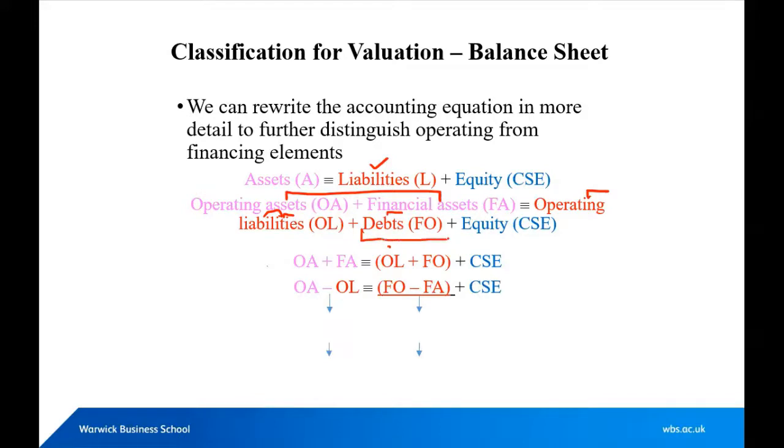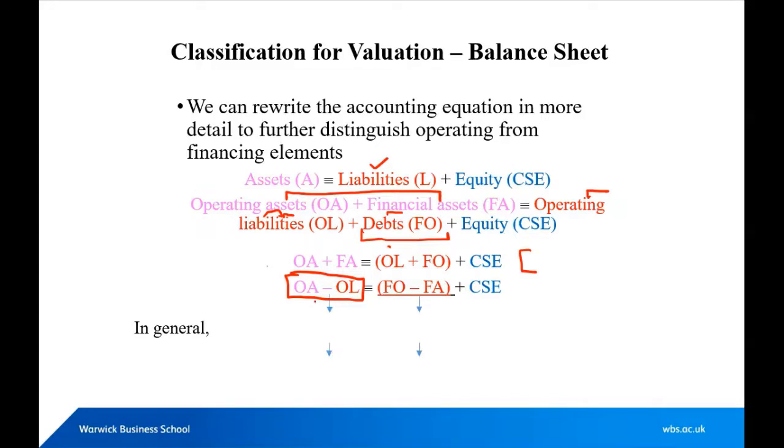The debt is a financial obligation. Plus CSE is not computer science engineering, it's common shareholders equity. If you are not in class, you might think it's a different thing, but it's common shareholders equity. Now if I take the operating liabilities on this side, and the financial assets on this side, and financial obligations minus financial assets plus common shareholders equity.